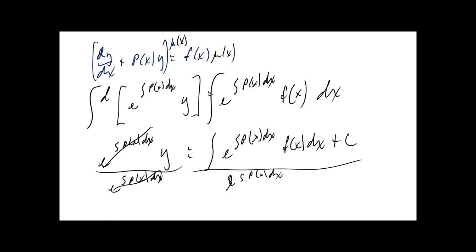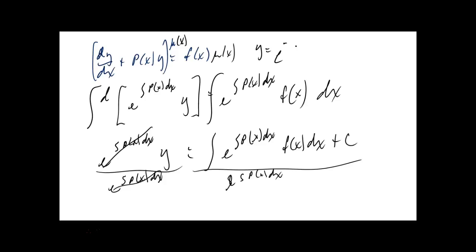Okay. Now, what does this give us? y is equal to, this is your solution, by the way, if you hadn't noticed yet. Now, they write this as e to the minus the integral of p of x dx, because it was e to that in the denominator.